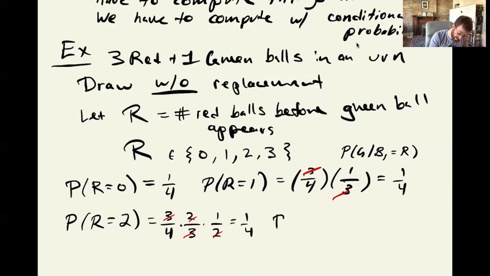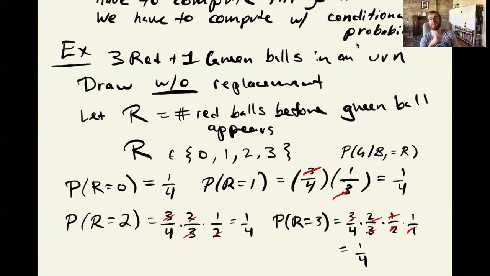And now what about the probability that we get 3 red balls before finally drawing our green ball? Well, 3/4, 2/3, 1/2, and then we're forced, 1 out of 1, for there to be that. And again, you do all the simplification, the 3, 2, 1s, and this ends up equaling 1/4.